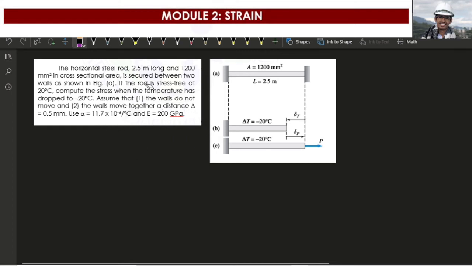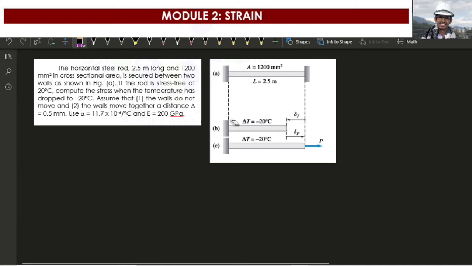Okay? So meron tayong steel rod dito, no? Supported by a wall in between left and right. Okay? So pag yung temperature bumaba ng negative 20 degrees Celsius, magkakaroon tayo ng deformation due to temperature.